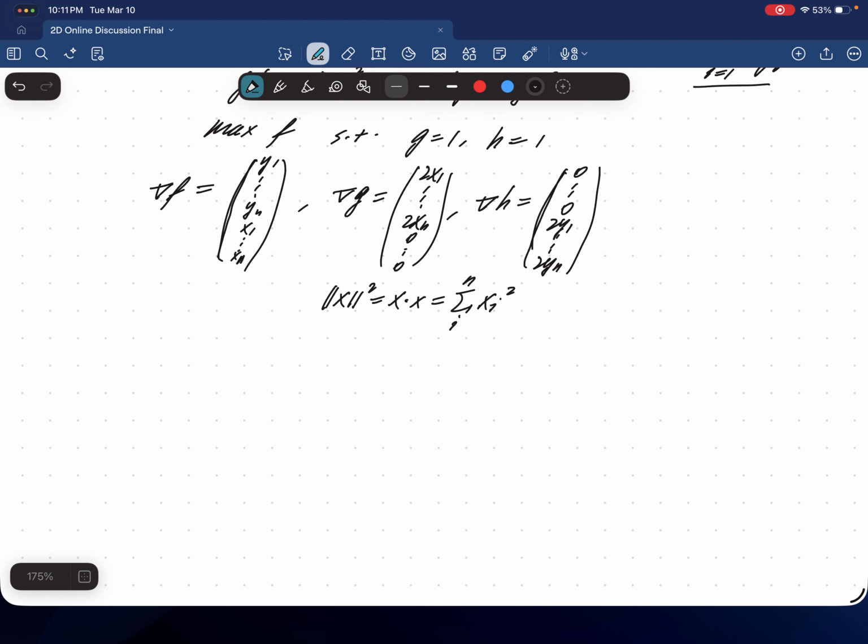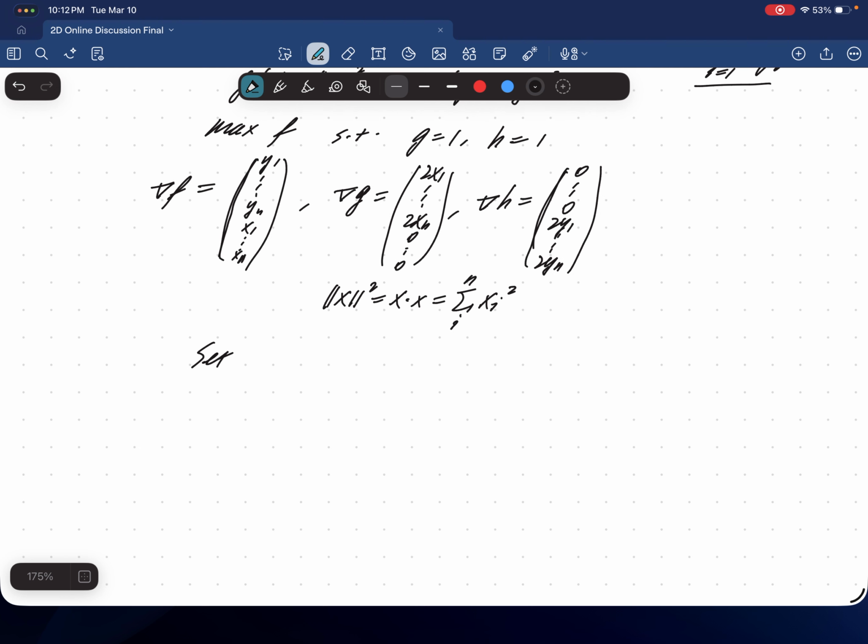And we want to set the gradient of f equals lambda times gradient g plus mu times gradient h.